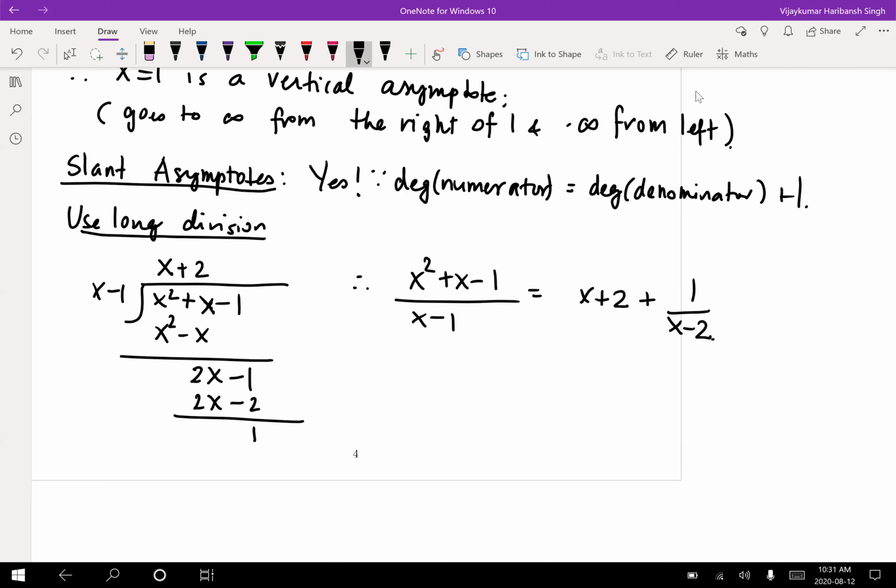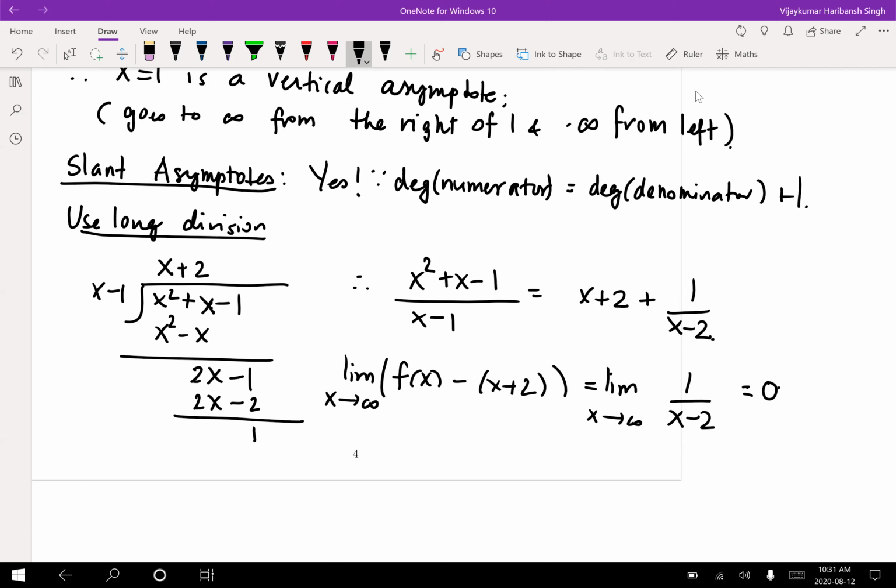This means that if you take f of x minus (x plus 2), and take the limit as x goes to infinity, this will be simply the limit of 1 upon (x minus 1). As x goes to infinity, you get 0. So as x goes to infinity, f of x gets very close to x plus 2.